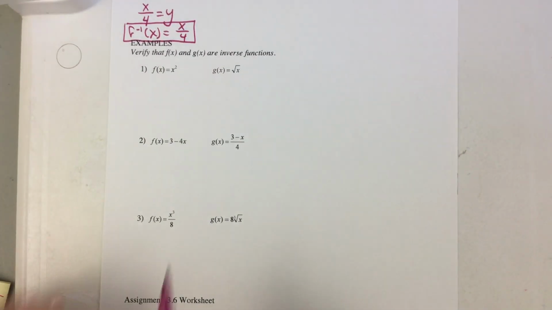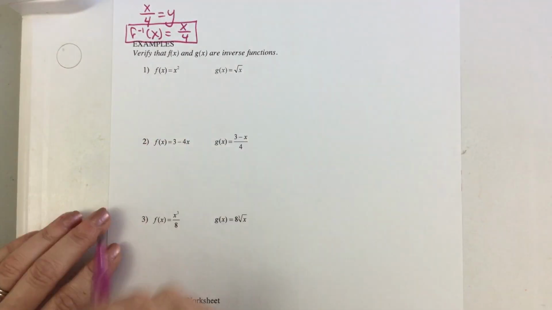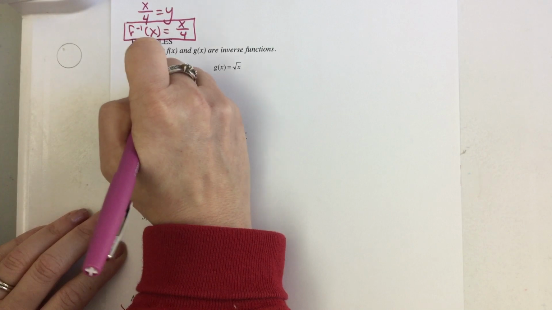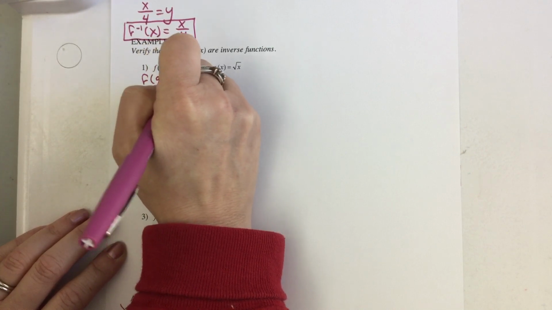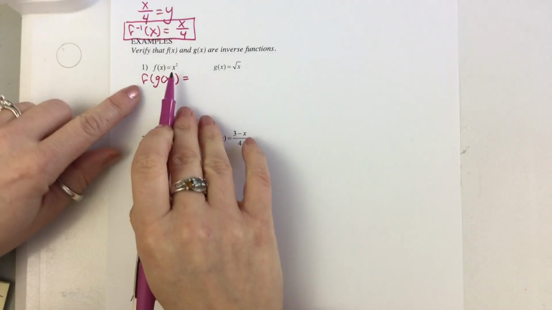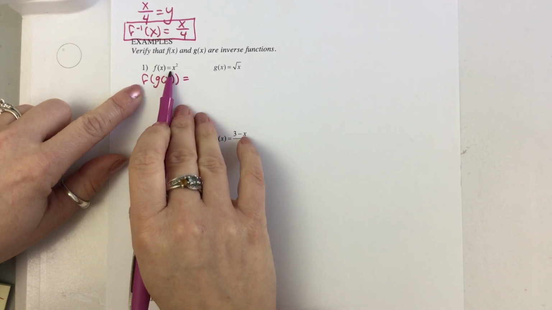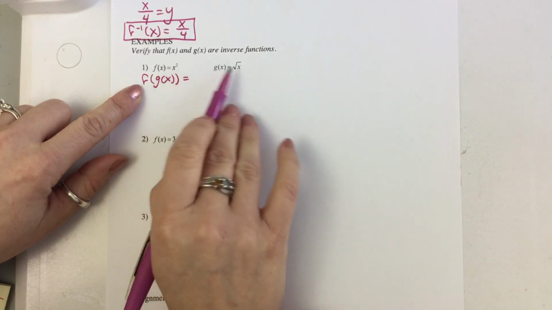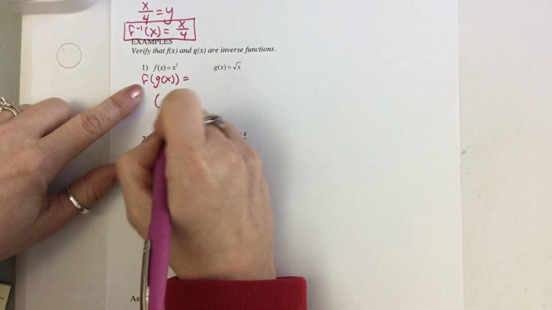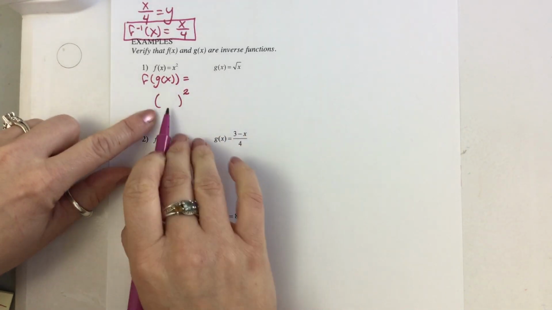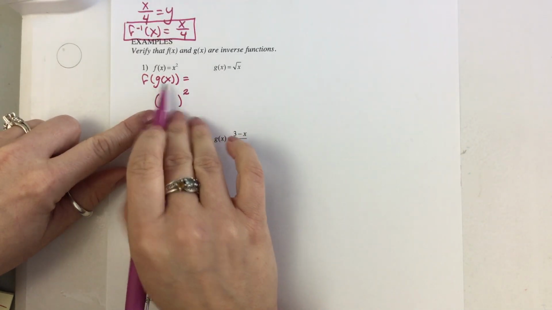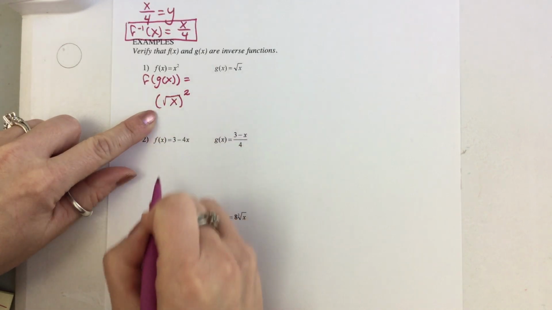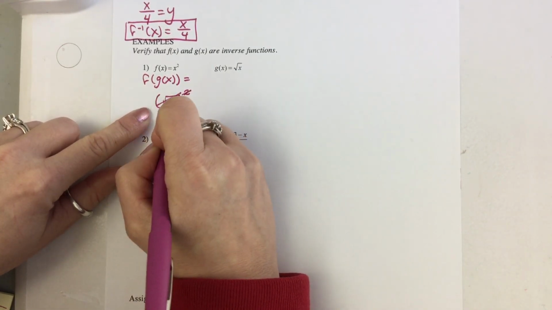If you are verifying that these are inverses, step 1, you have to do composite functions. So if I take the first function, f of x, and where x is, I fill in g of x. So it was x squared, but instead of x, I'm filling in g of x. That's the square root of x. Square cancels a square root.